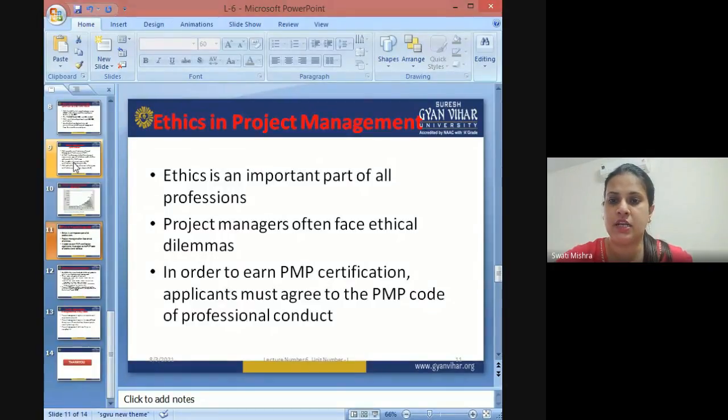Similarly, if I say that ethics are highly important in project management, it won't be anything surprising. Why are ethics required in project management?